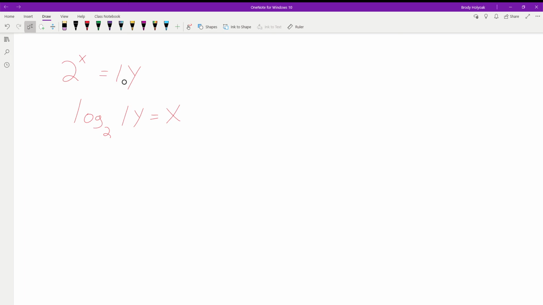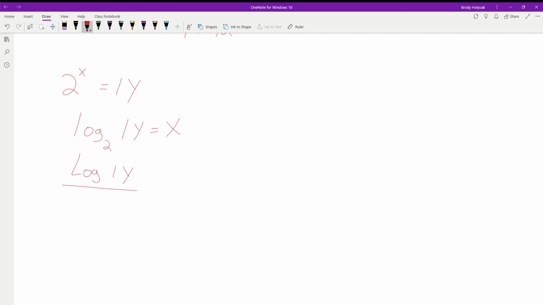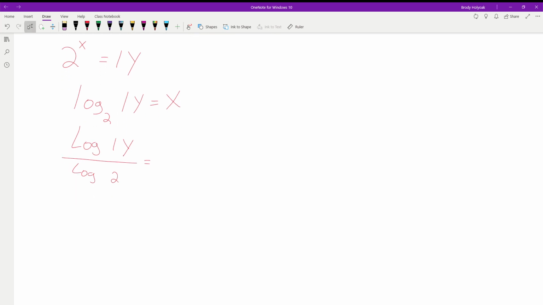No. So we have log of 1 yotta, remember, which is 1 times 10 to the 24th, divided by log 2. So how many periods of doubling do we have to have? 79.726. So essentially 80 periods to get us to where we're well within this commercially owned yotta drive.